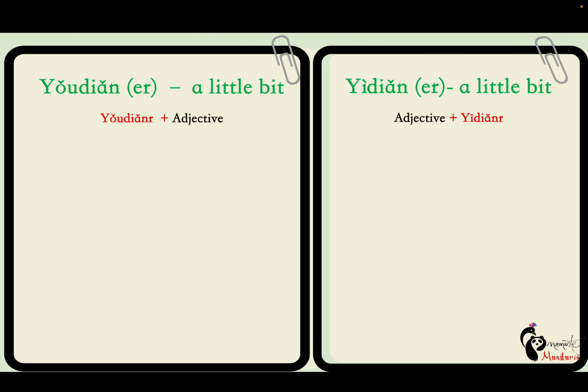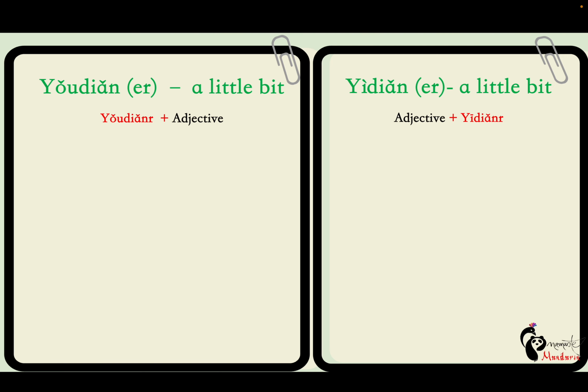As I mentioned, in Chinese one word has many uses. Sometimes Yìdiǎner we put after the verb, but I'm not getting into that because it will unnecessarily create confusion. As of now, let's understand the use of these two words with adjectives. Yǒudiǎner comes before the adjective and Yìdiǎner comes after the adjective. If you remember this, half of your problem is solved.